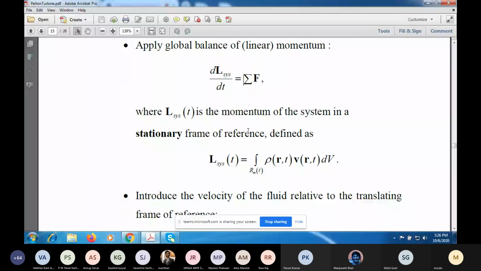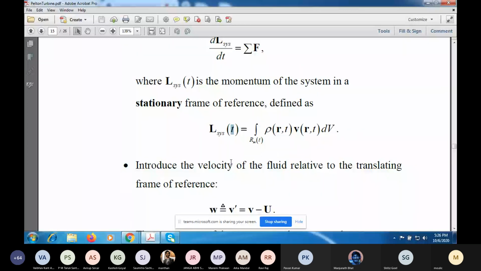And to get L system, you have to integrate V dm, and dm is rho dV. So here rho and V in general can vary with position and time, but after you integrate and plug in the limits, which are time dependent, you get a quantity which depends only on time. So that is why this is a total derivative.